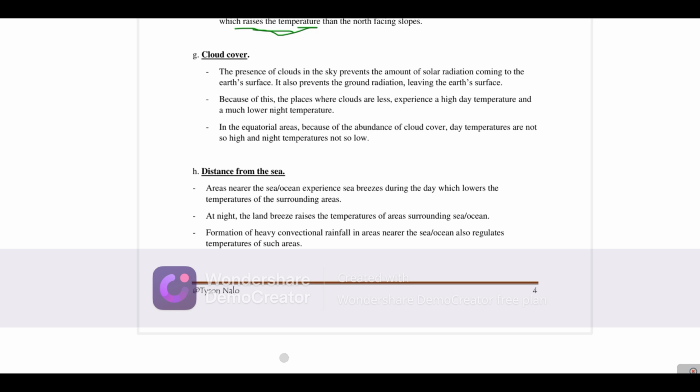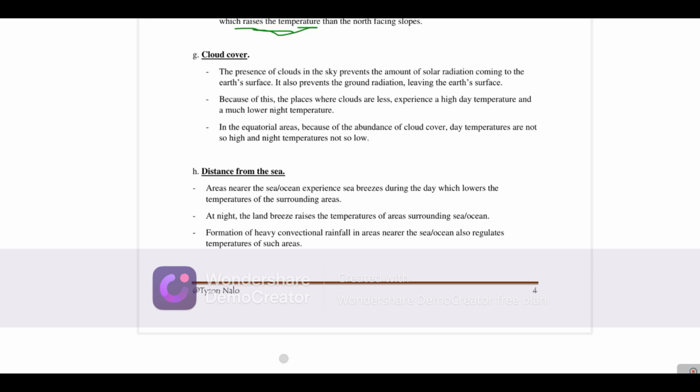It also prevents the ground radiation from leaving the Earth's surface. So we are talking about the concentration and presence of clouds in the sky. They have an effect on solar radiation, because they are going to block the solar radiation from being delivered to the Earth's surface.